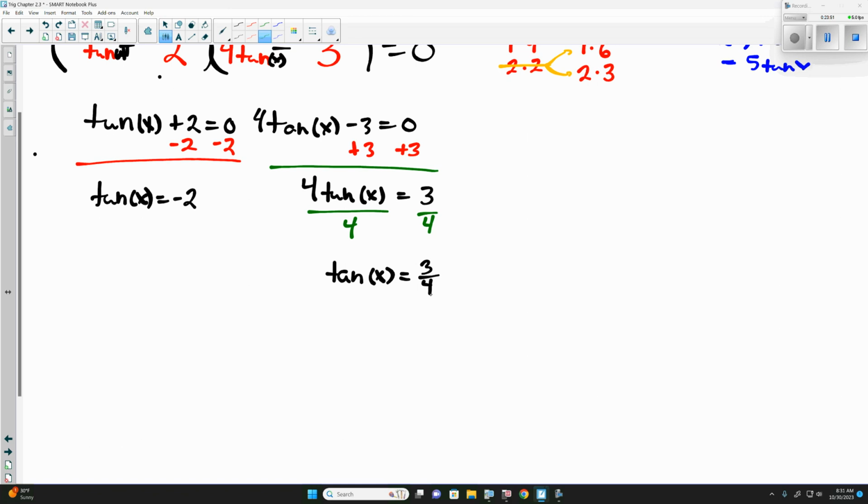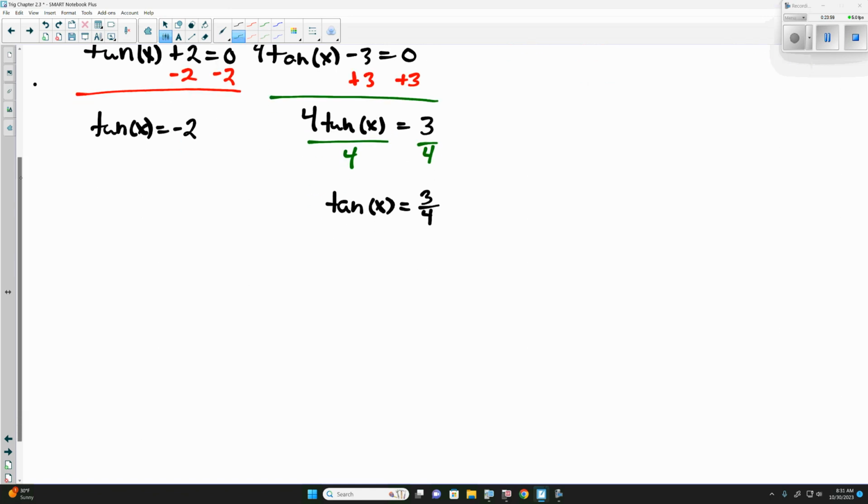Well, -2 and 3/4 are not on the unit circle again. So what we would have to do is arctangent.